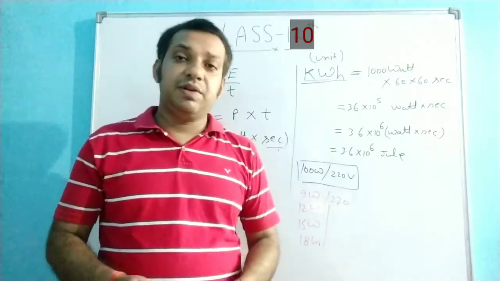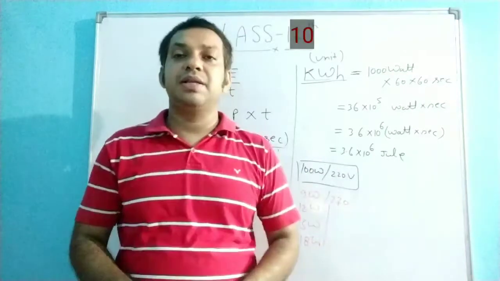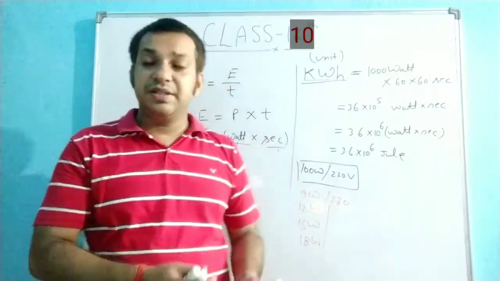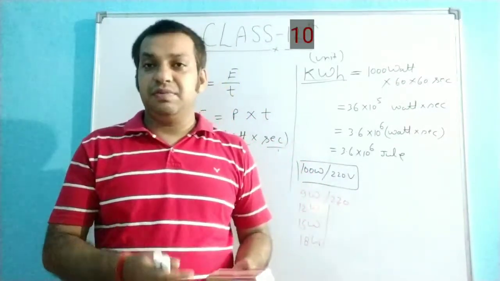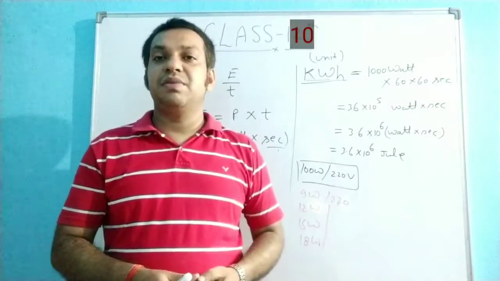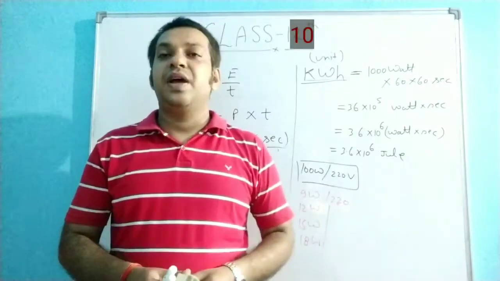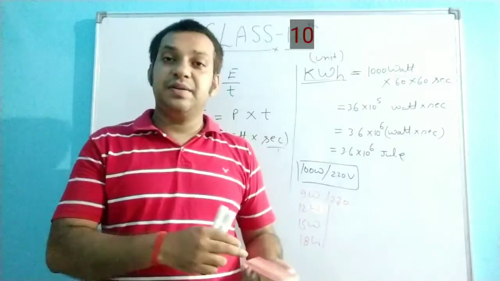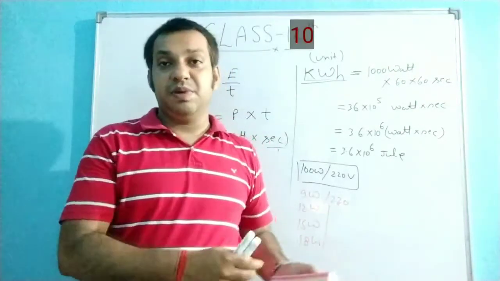Every appliance has its power rating mentioned. So whenever you or your parents are purchasing a particular appliance, you should check, because you are a science student, you should take the initiative. Check whatever power rating is mentioned on the appliance and suggest to your parents that this appliance is good if it is consuming less power.